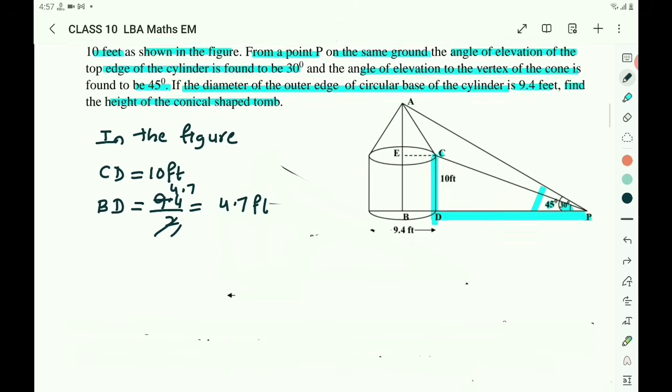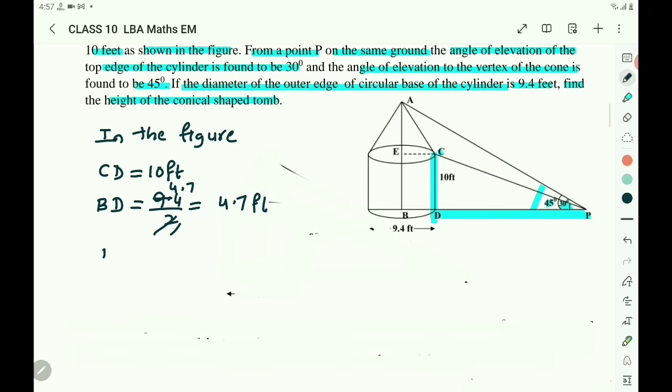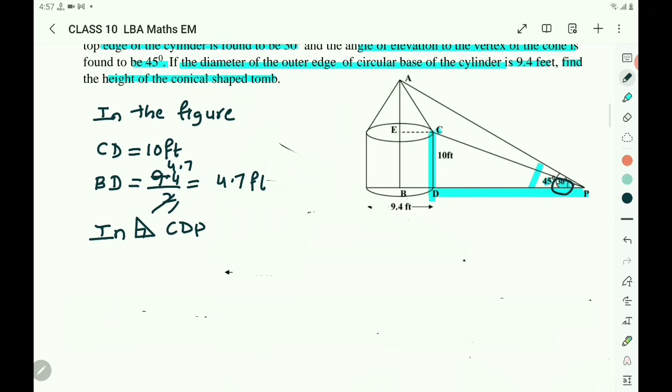Then you write in the right angle triangle CDP, which angle? 30 degree angle we have to take. So for that 30 degree angle, CD is the opposite side and DP is the adjacent side. Trigonometric ratio with opposite side by adjacent side is tan. Tan how much? Tan 30 degree is equals to opposite side CD by adjacent side DP.